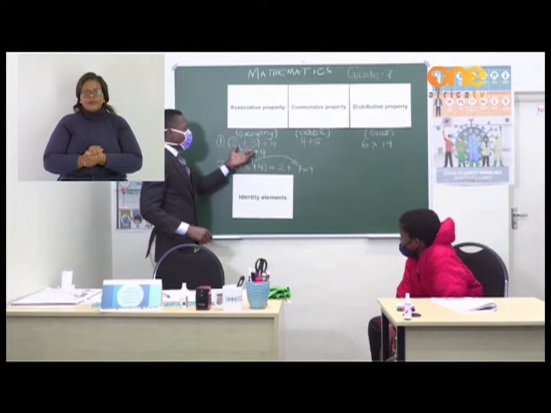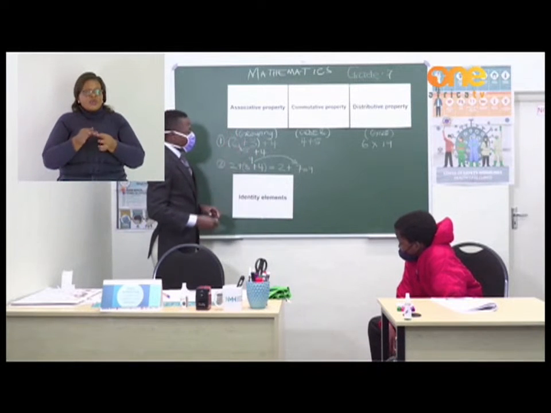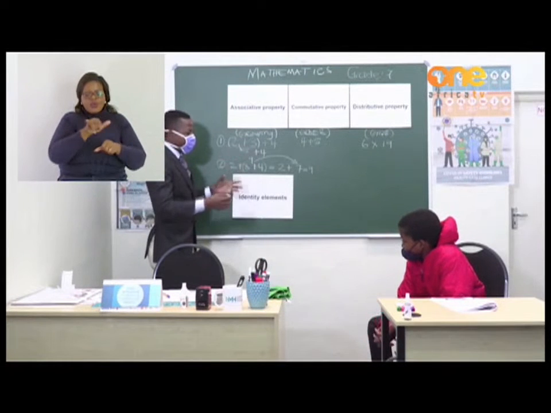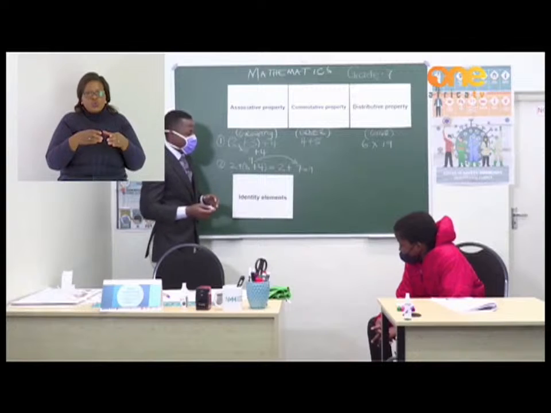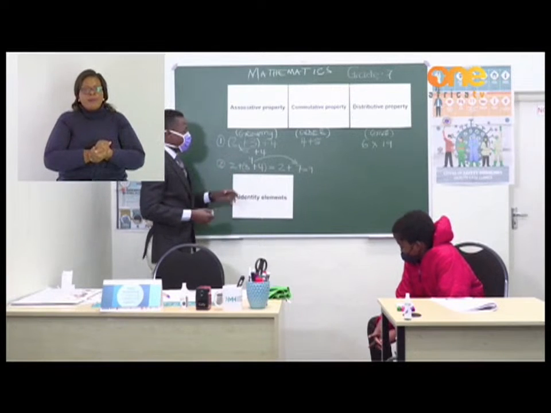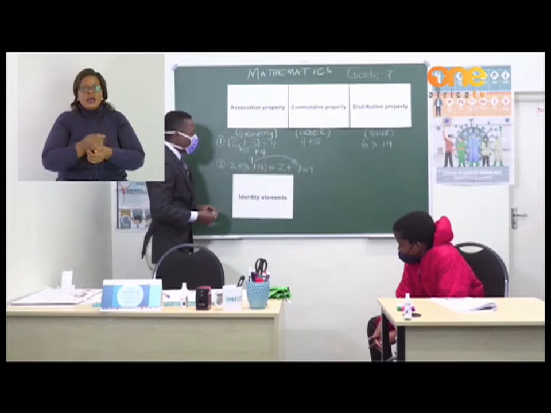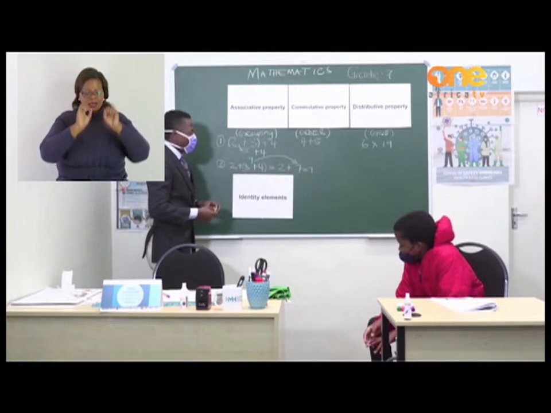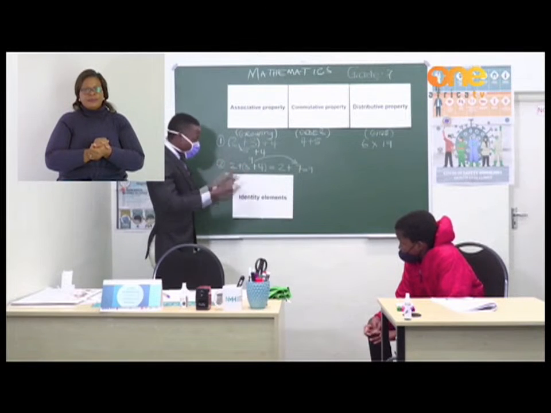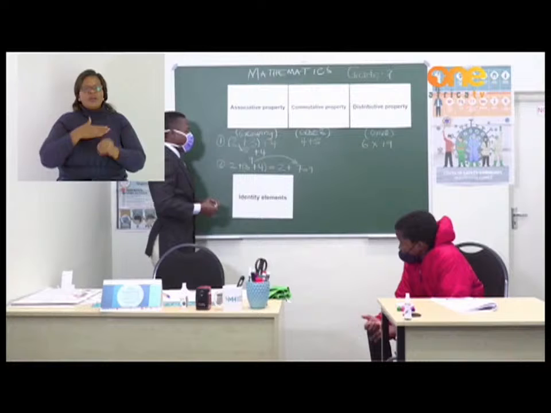So in short, when it comes to associative property, you can decide to work on a certain number that will feel like, yes, this number is associated to this, and then you can get your answer. But remember, the answer will always be the same, but you are not limited to start where you prefer to start, depending on which number you feel is associated with the other.